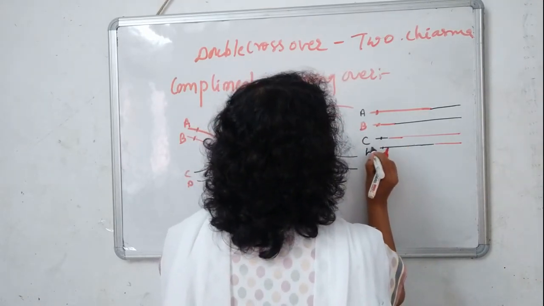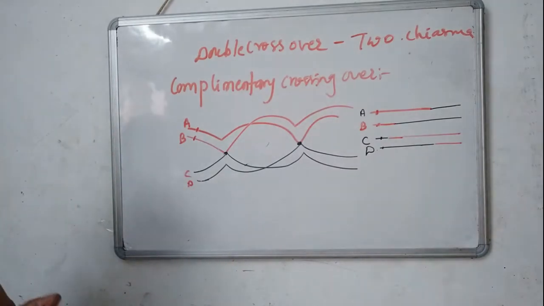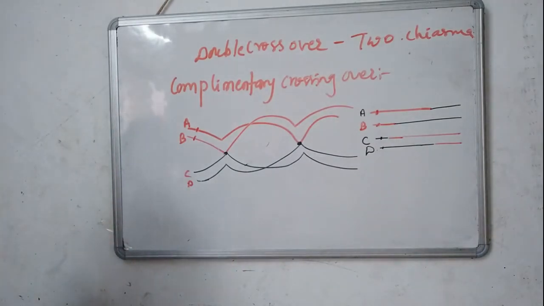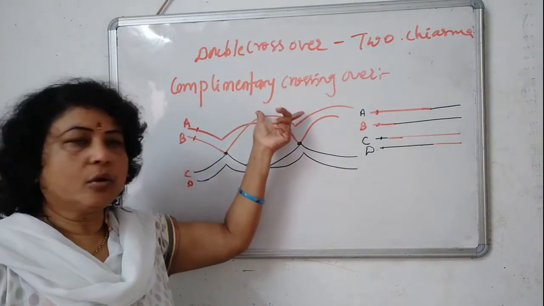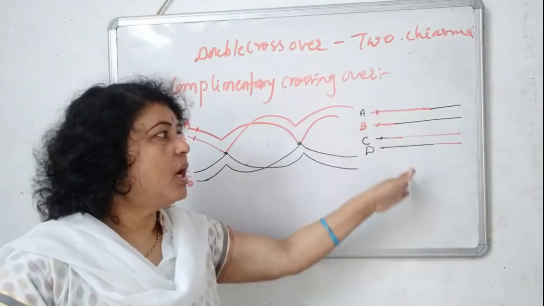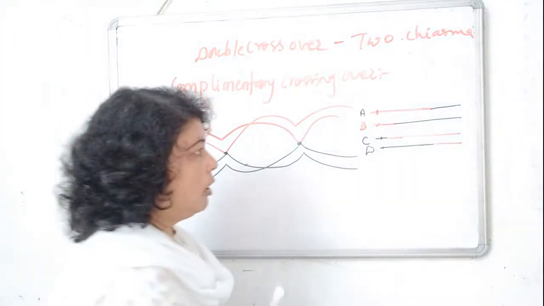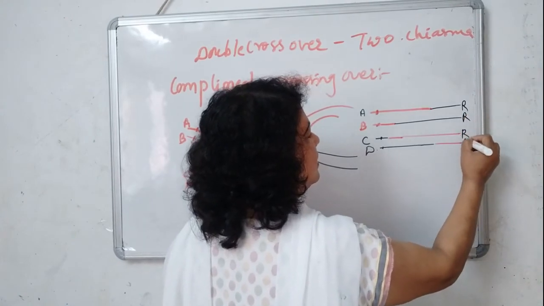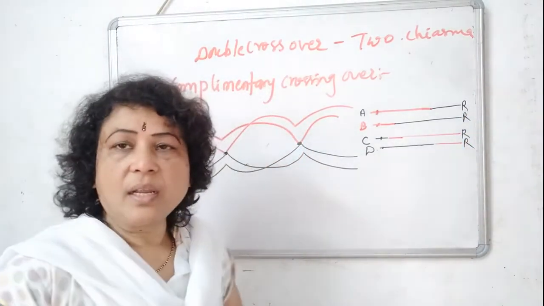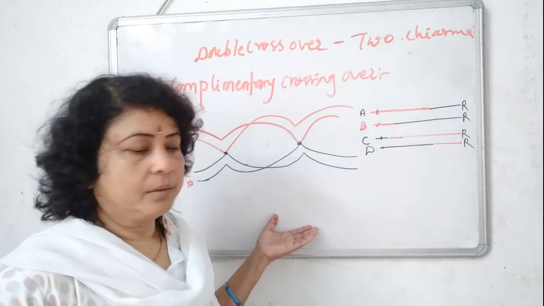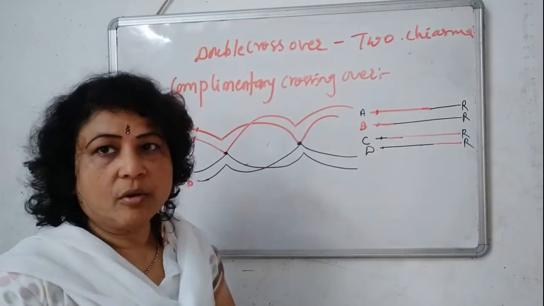So all these four combinations are produced in this complementary crossing over. All are recombinants, so no parental combinations appear here. So it is a complementary crossing over.